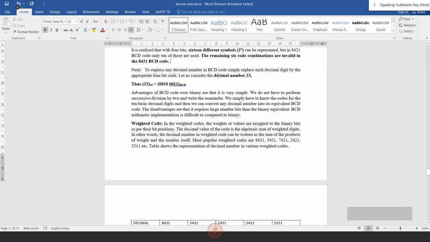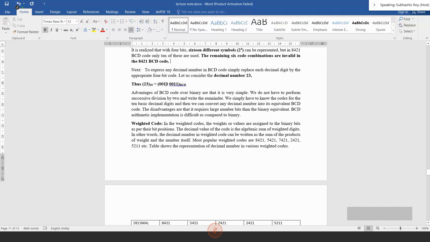If any number is given like 23, you have to represent 2 by a 4-bit combination and 3 by a 4-bit combination. Thus 23 decimal can be converted to BCD form directly. I think everyone can convert a decimal number to a BCD number. This is quite straightforward.